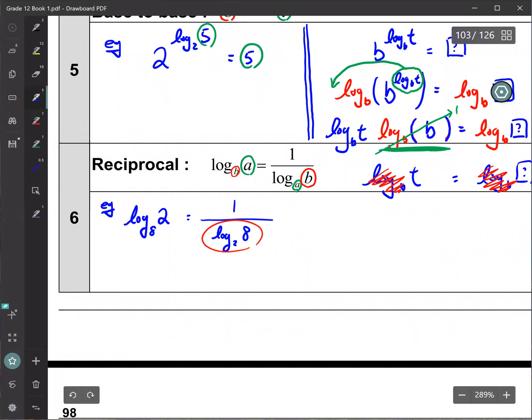So the denominator will be 3, so 1/3, a third. This also shows us it works. Depending on the question, if you feel like you want to swap it, you can do that. Just make sure you put 1 over.